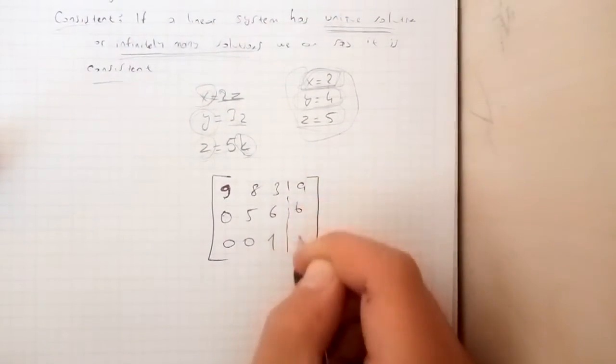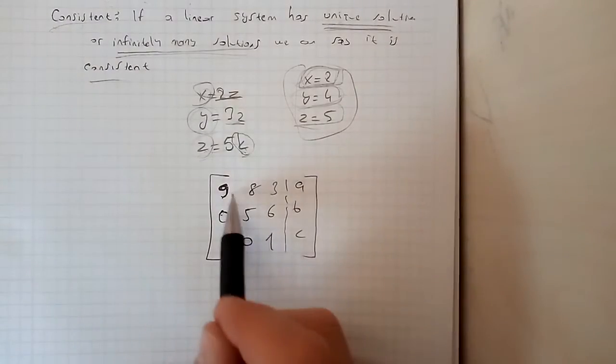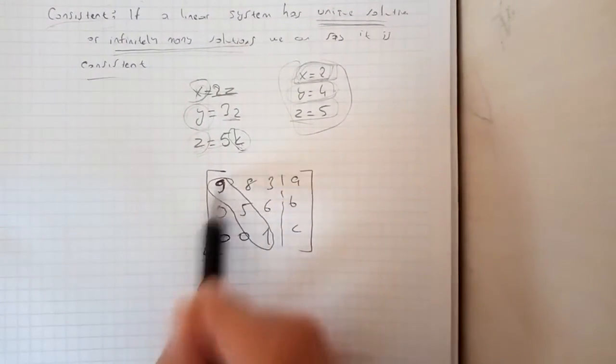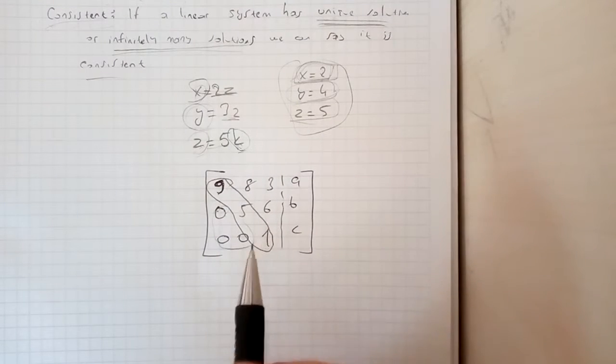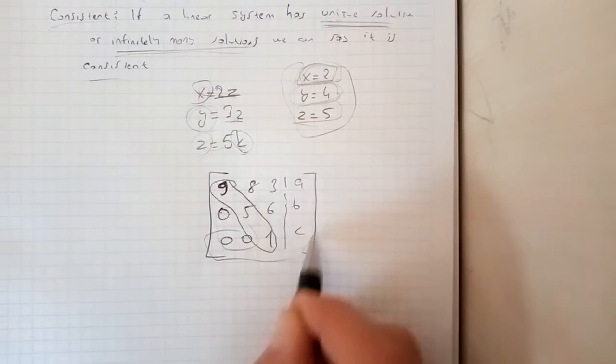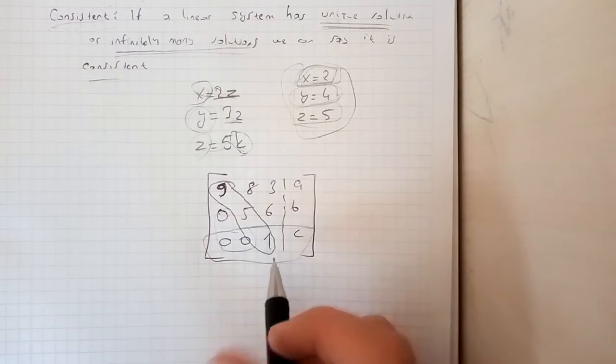I am writing these numbers randomly only to give an example. And here we have numbers. Here, look, we have an upper triangular matrix because these terms are 0. You only need to look at the third row to predict the kind of this linear system.